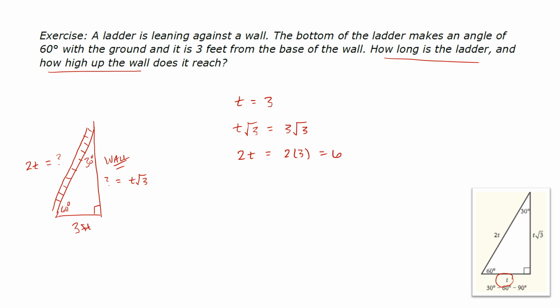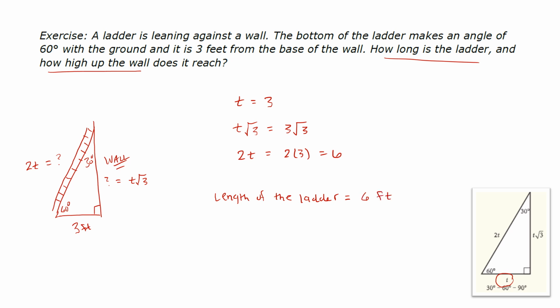So the length of the ladder is 2t, and 2t equals 6. So that will be 6 feet.